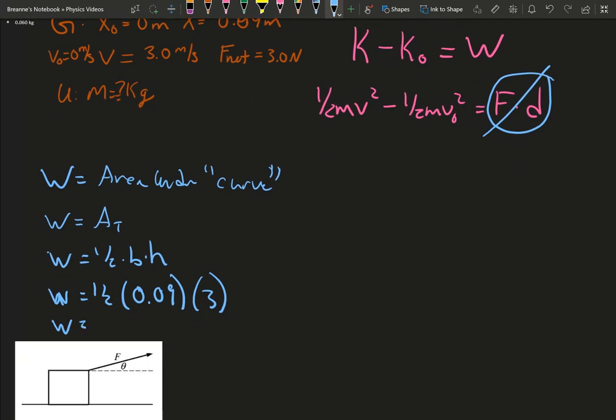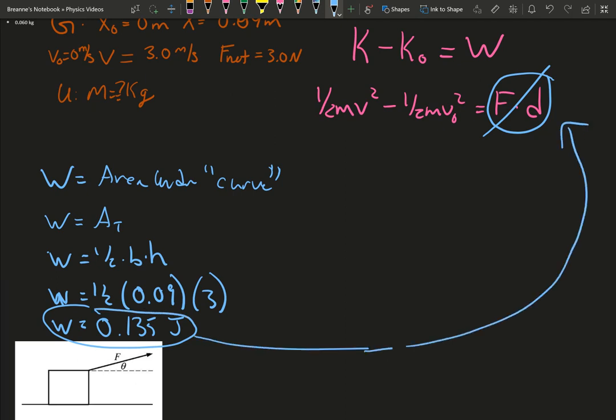You plug that into your handy-dandy calculator, and you get 0.135 joules. So that is your work, and this would go there.